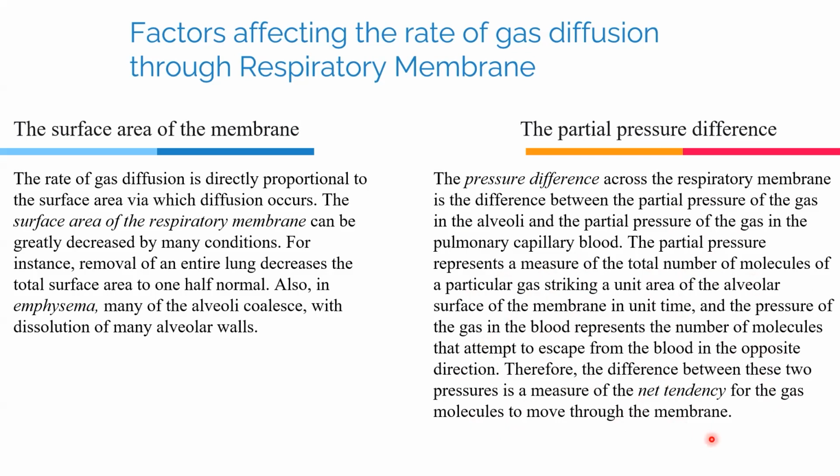Thus, the difference between the partial pressures between the gaseous phase and the dissolved phase present in blood determines the rate at which diffusion will occur and also the direction of the diffusion.